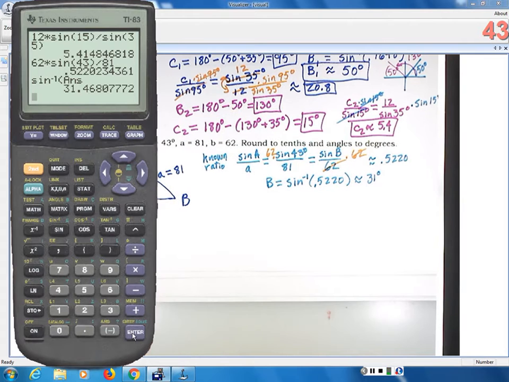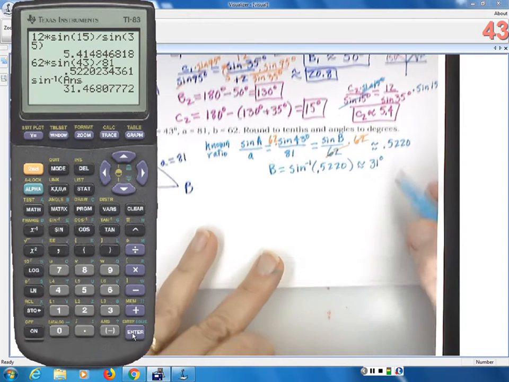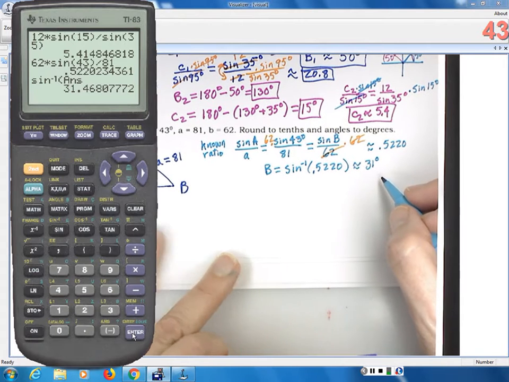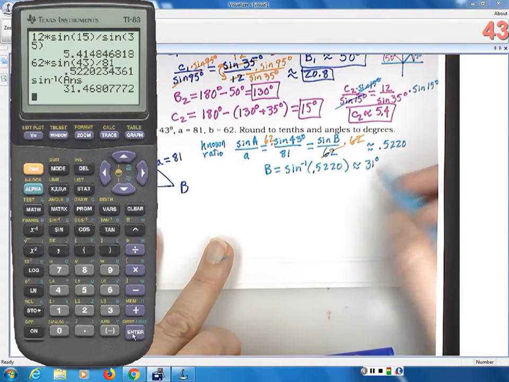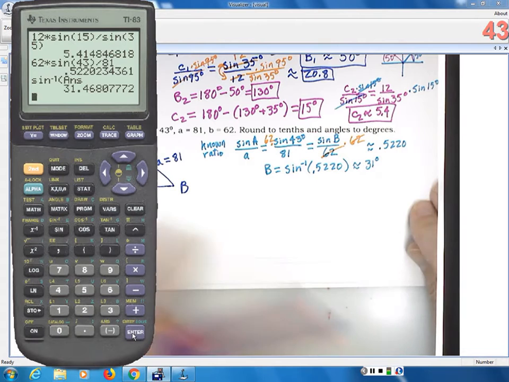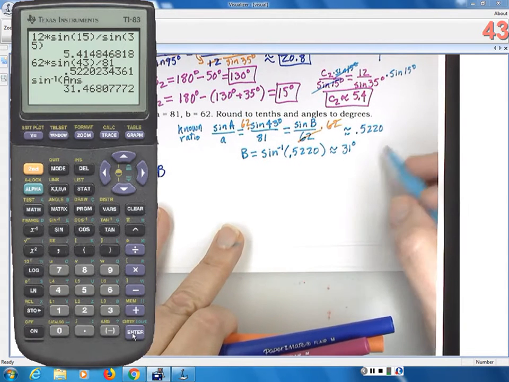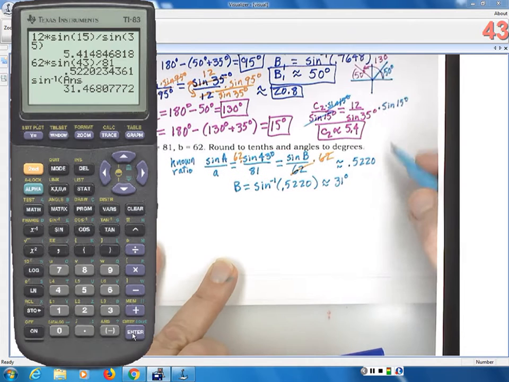All right, so draw the picture. Well, no. Okay. If I don't draw the picture, sine is positive in quadrants 1 and 2. So, you can draw this picture again.